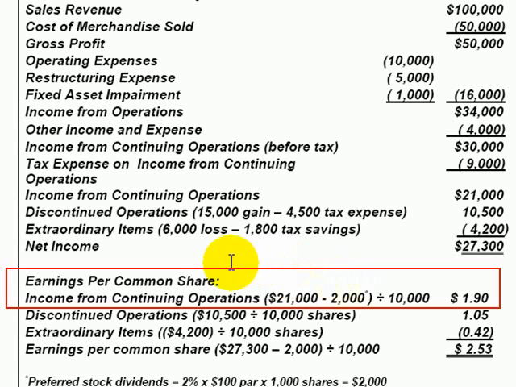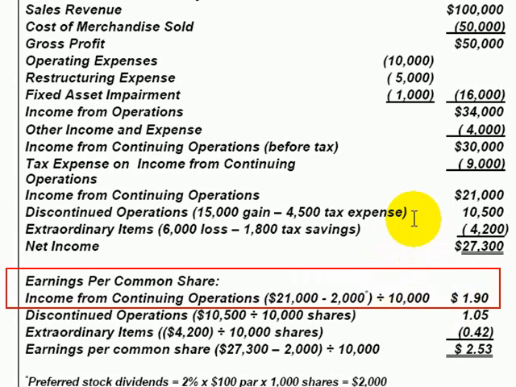Since this is earnings per common share, we're trying to tell the common stockholders how much the corporation earned for them on each share of stock that they own. We'll need to net out the preferred stock dividends since the common stockholders will not get that. We then divide by the number of common shares that have been outstanding on average through the year. In our case, 10,000, and that gives us $1.90.